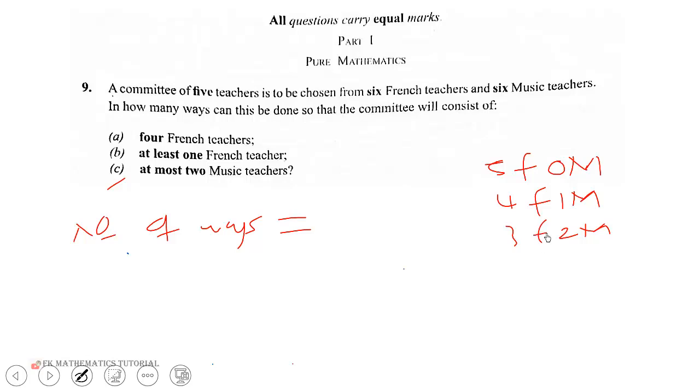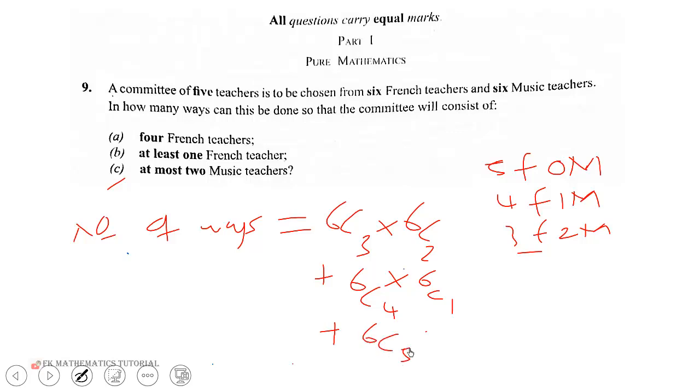So in that case, we are going to get 6 combination 3 times 6 combination 2. Then we add it to 6 combination 4 times 6 combination 1. Then we add it to 6 combination 5 times 6 combination 0. So when we add all these things, what are we going to get?